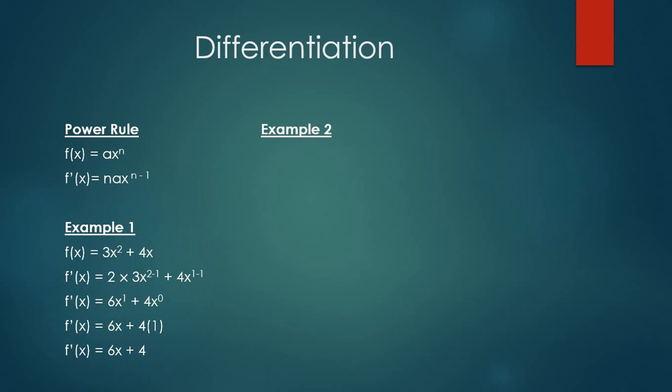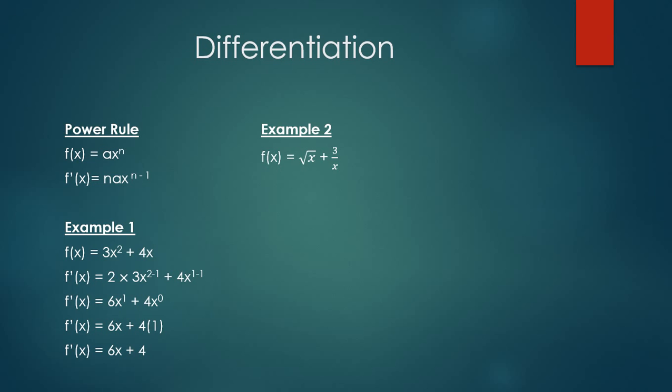And let's look at another example. We want to find the derivative of the square root of x plus 3 divided by x. Before we're able to apply the power rule, we need to rewrite this in such a manner that we have our x being raised to a power.